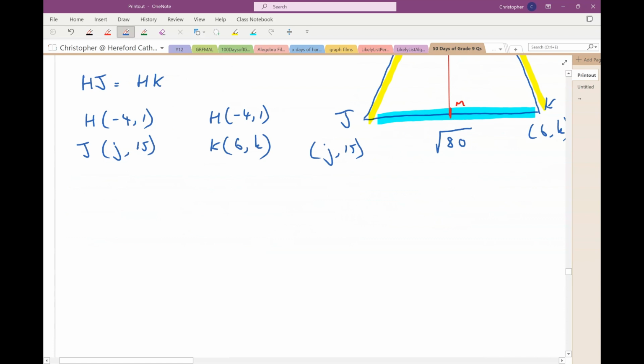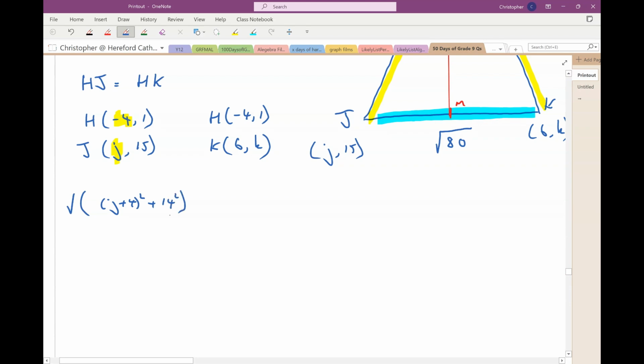So when we're working out the distance between 2 points, square root of, right, let's do bottom minus top. So J minus minus 4 is J plus 4. So J plus 4 squared plus 15 minus 1 is 14 squared.